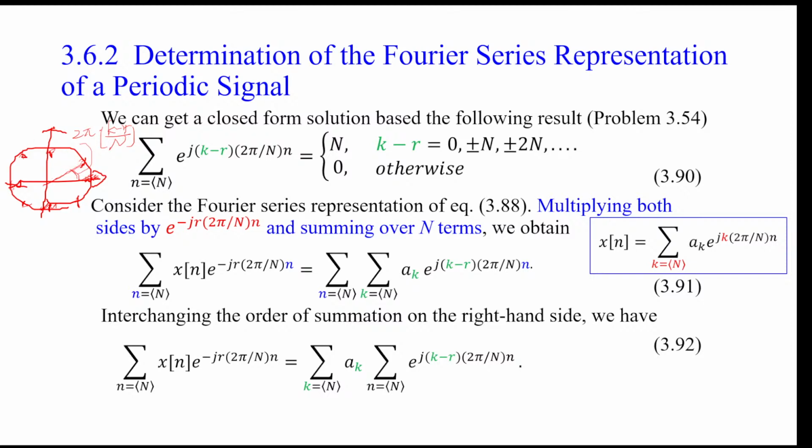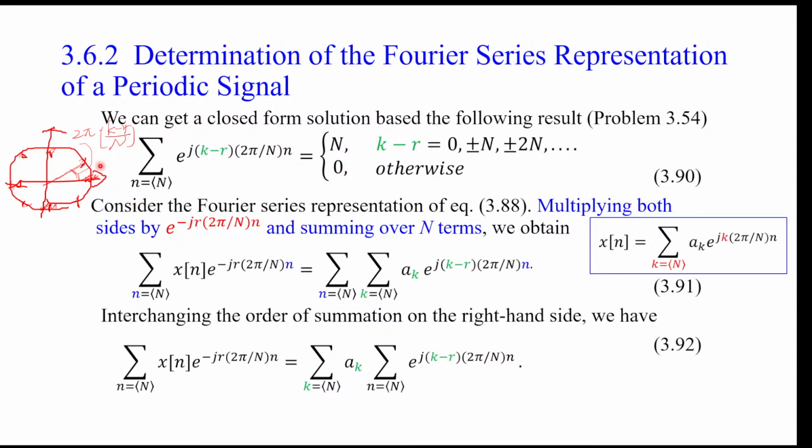If you sum over these complex phases and the angle is non-zero, then summing over these equally distributed points on the circle gives 0. If the angle is 0, then you are summing over a whole bunch of 1s and you get N. So this is the second relationship we need to use.